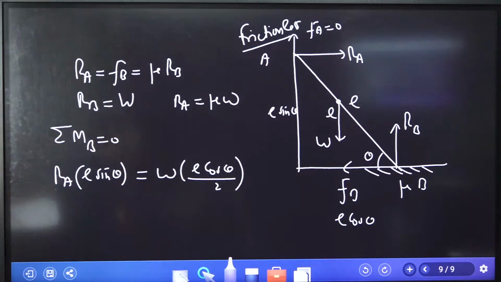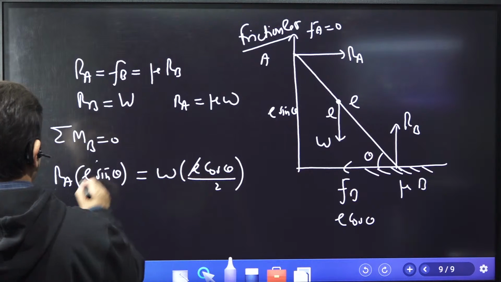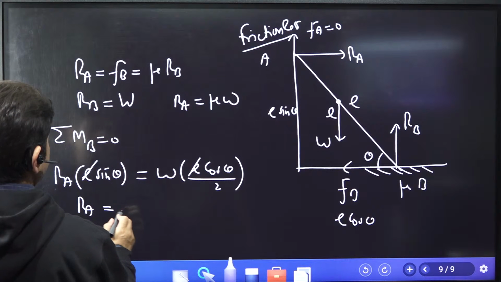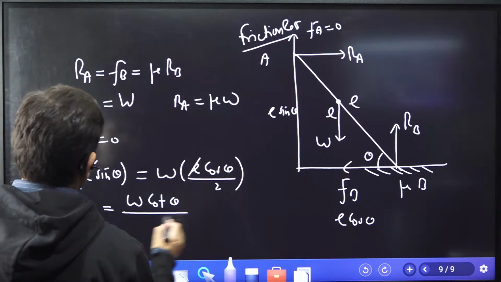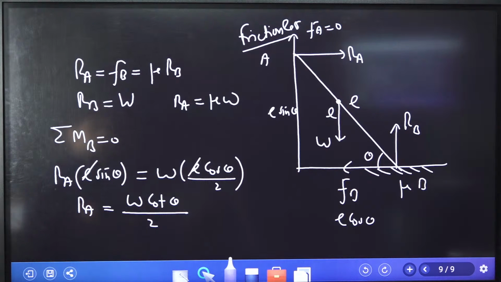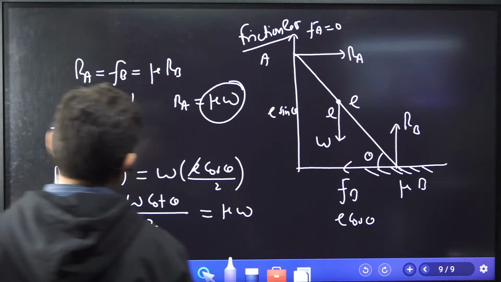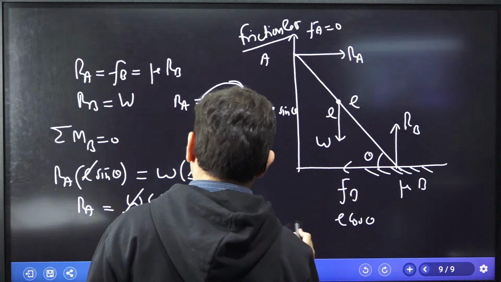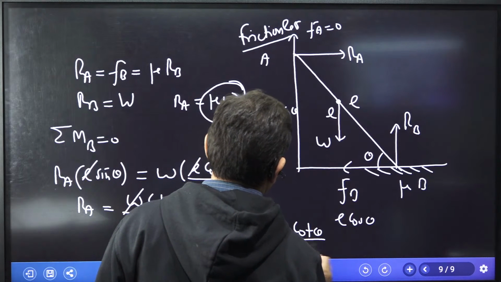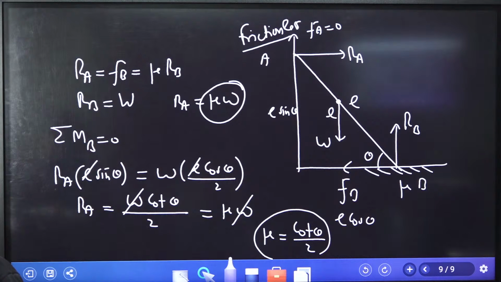Just check whether it is correct. Now this L gets cancelled out. RA is equal to W cot theta by 2. But RA is equal to mu into W. W gets cancelled out. So the coefficient of friction is cot theta by 2.